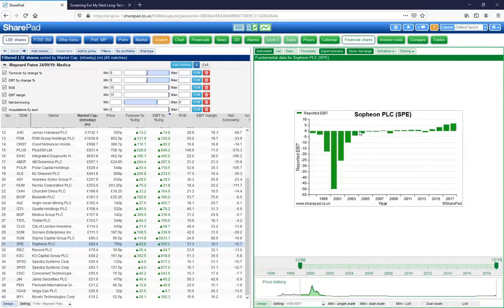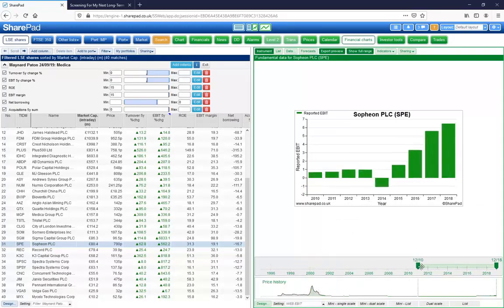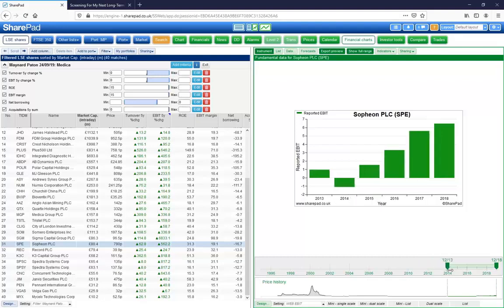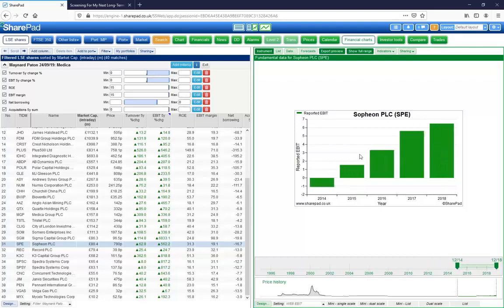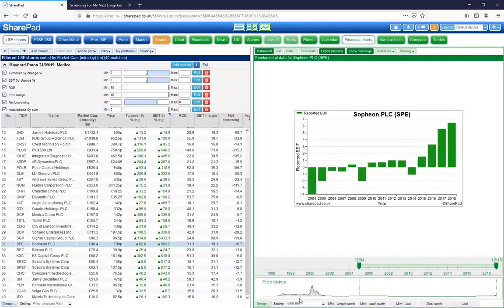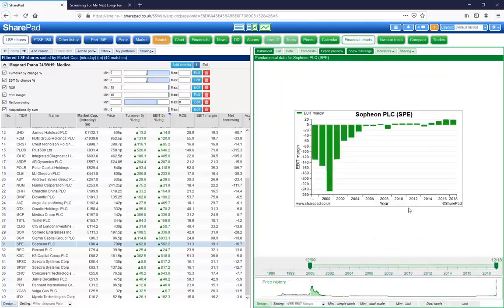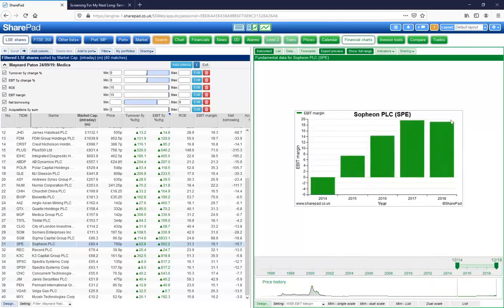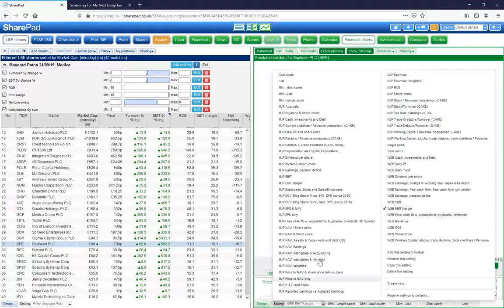Right, so there's large losses in the tech crash, and it looks to me like this business never really made a profit of any size until the last 3 or 4 years. So the track record may be short. So the margin, there we go. So margin, that 19% margin has only been achieved last 2 years. So the track record is short.